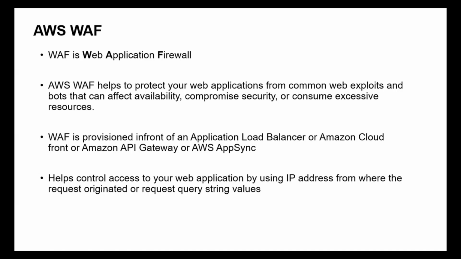Let's say you want to allow the traffic only from a particular source IP address. That can be configured on the WAF using the IP set. We can configure two rules primarily: one is the allow rule and one is the block rule. Do you want to allow the traffic from the source IP address, or do you want to block the traffic from the source IP address? It can be configured using the WAF.